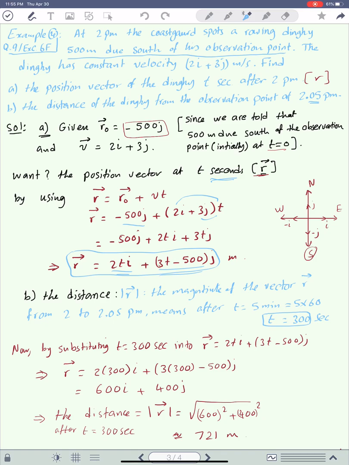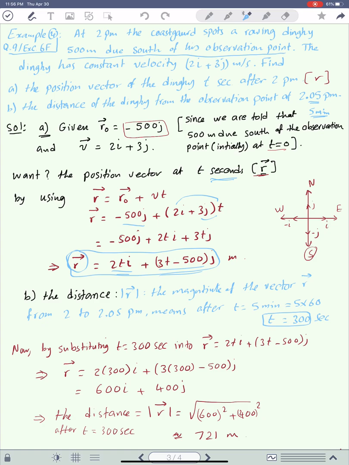At 2.05 p.m. we mean here 5 minutes after 2. Yes, 5 minutes after 2. So the distance, which is the magnitude of the displacement that we found here. So the magnitude of the vector R from 2 to 2.05 means after t, which is 5 minutes.